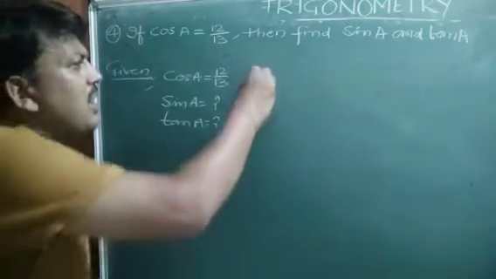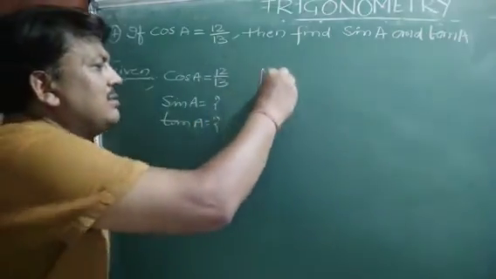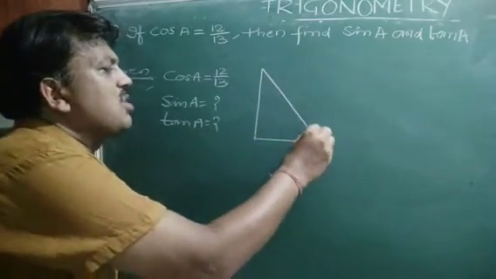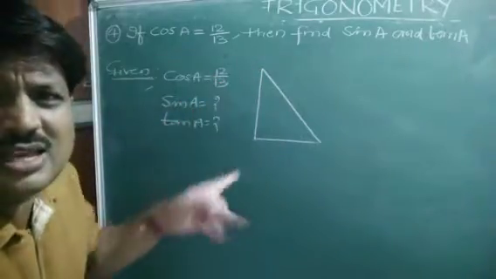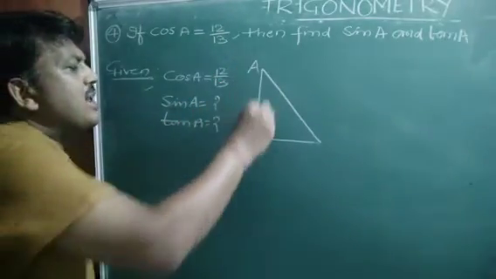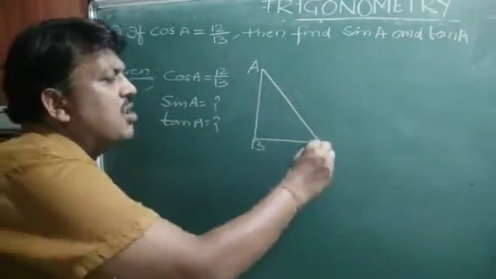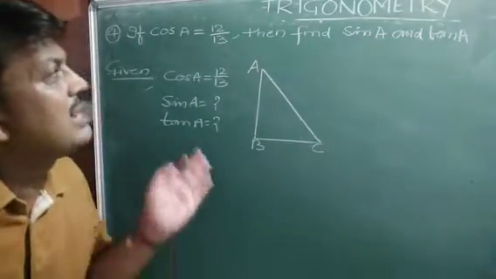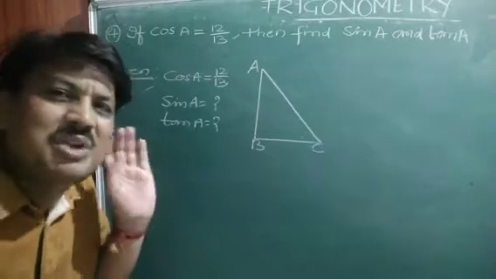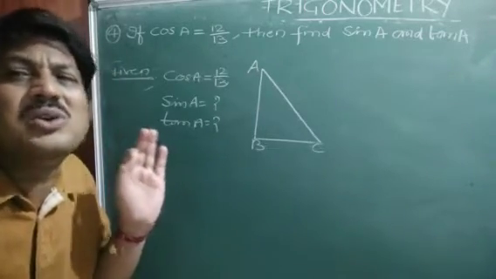So solution, children, let's take a triangle. Here the triangle name is not mentioned, but since it is A, probably it will be triangle ABC. And the right angle you can take anywhere, children, because it is specifically not mentioned. If it is mentioned that angle A is equal to 90 or angle B is equal to 90, you have to consider that.